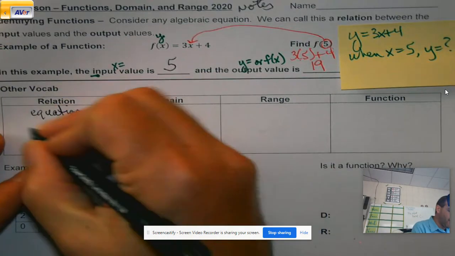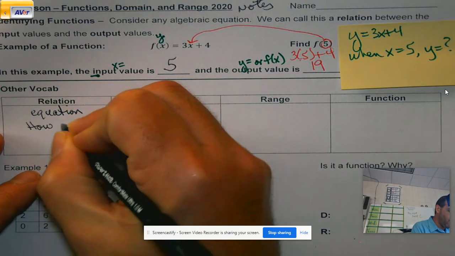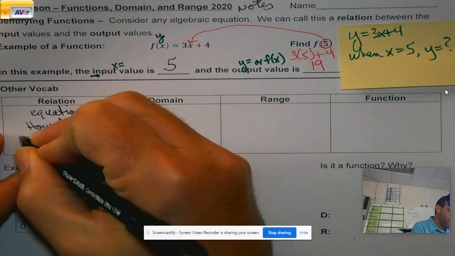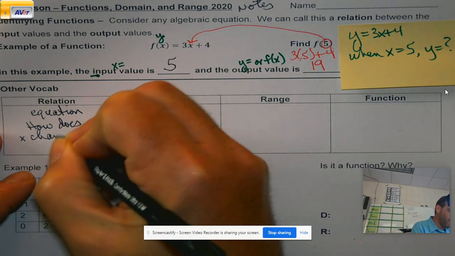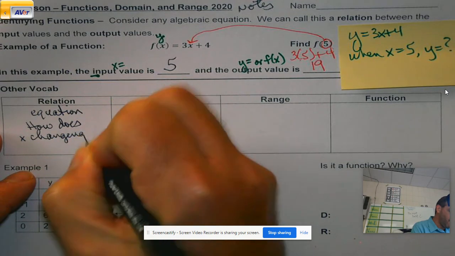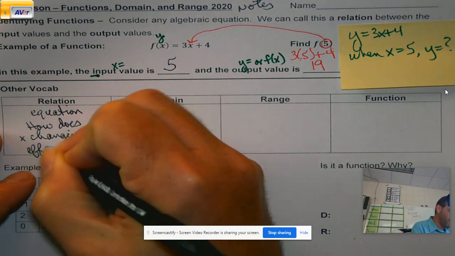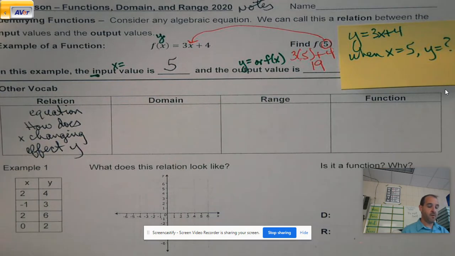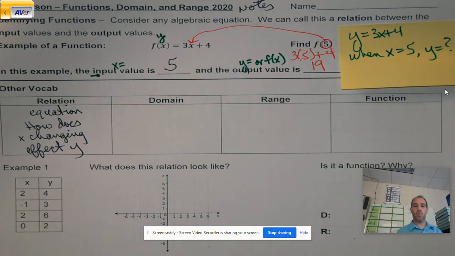Actually, let's write that: how does x changing affect y? If I plug in 2 for x, what happens to y? If I plug in 5 for x, what happens to y? What's that relation between those?